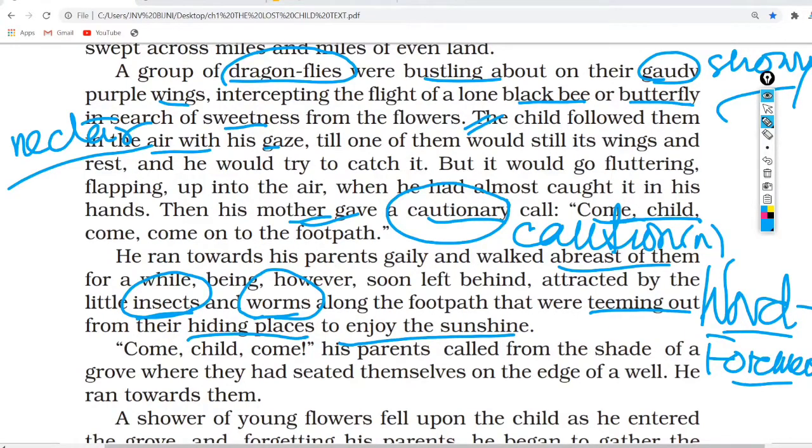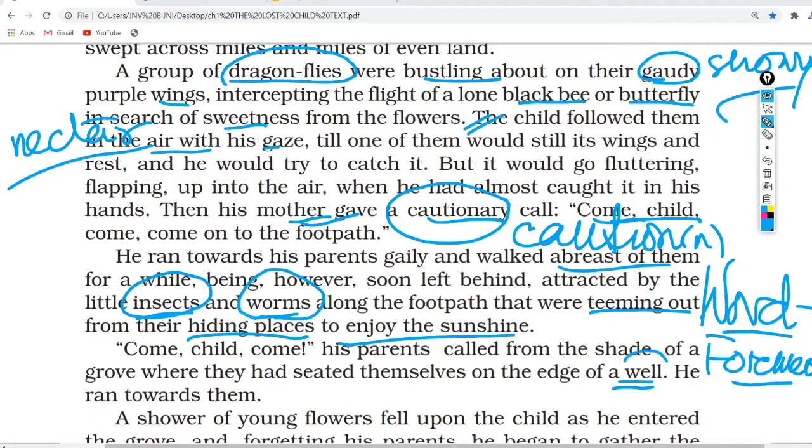So now again the parents give the call to the child. Come, child, come. His parent called from the shade of a grove where they had seated themselves on the edge of a well. On the edge of a well. He ran towards them.